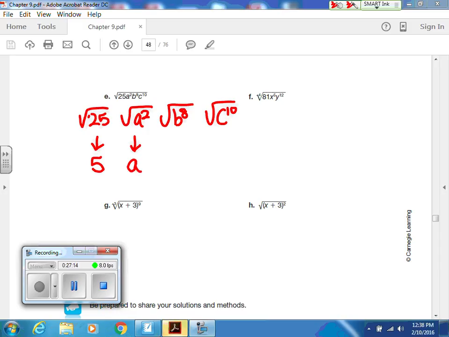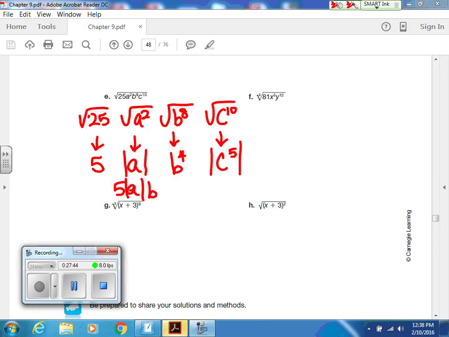Even, odd. What about this one? B to the 4th. Even. We're cool. Okay. What about this one? C to the 5th. Now, here's the thing. Some people were trying to put it together like this.